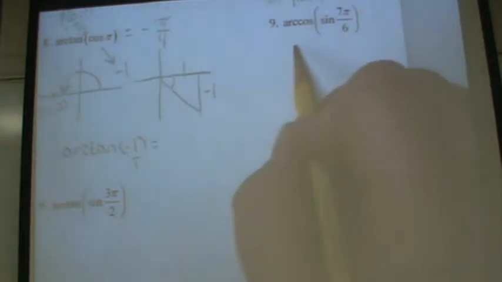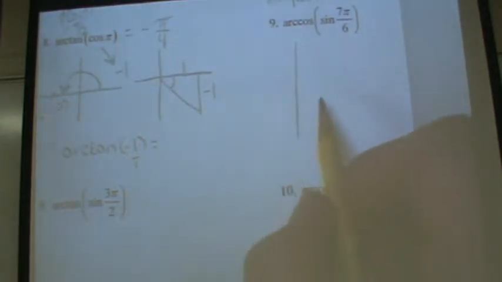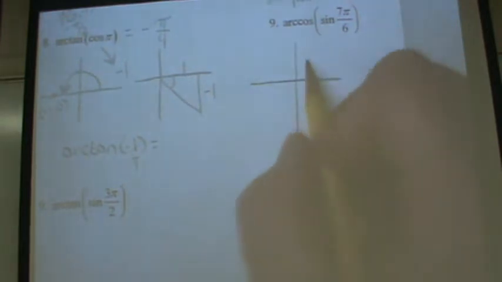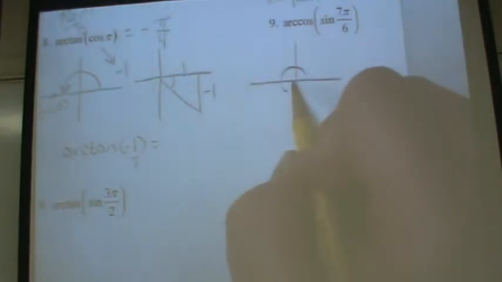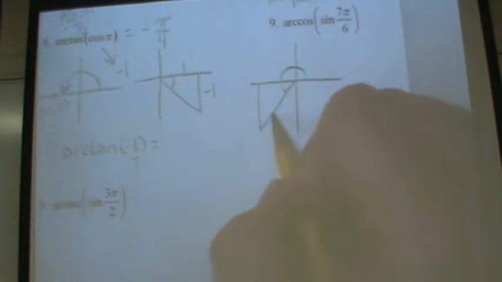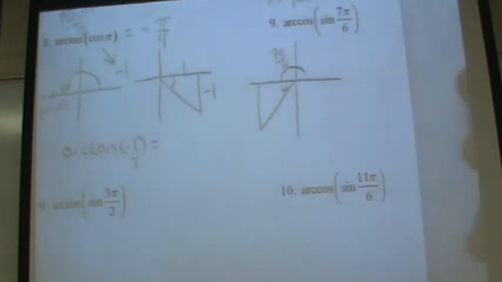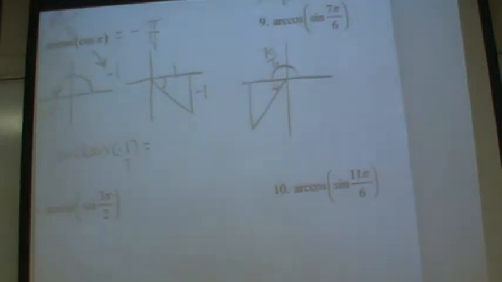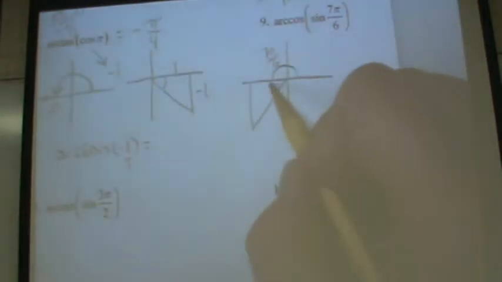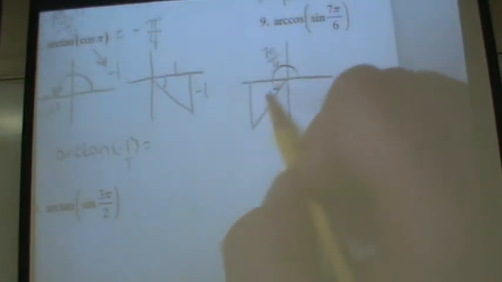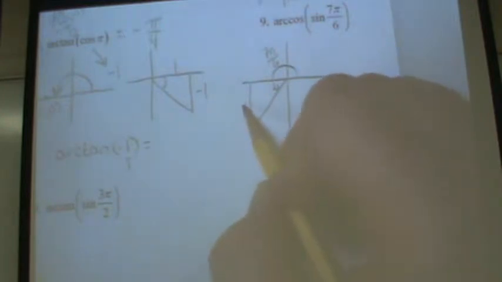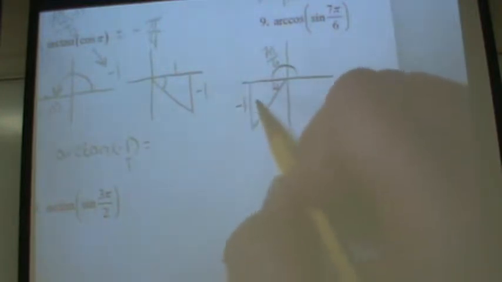Number 9. We need to find the sine of 7 pi over 6 first. Where is 7 pi over 6? It's in the third quadrant. That's 7 pi over 6. So we're going to use pi over 6 as our reference angle so that we can label our triangle. So if this is pi over 6, what is this side? -1, because we're in the third quadrant.